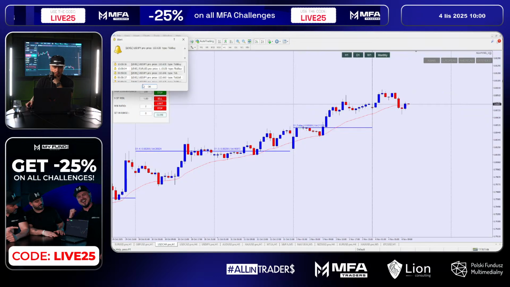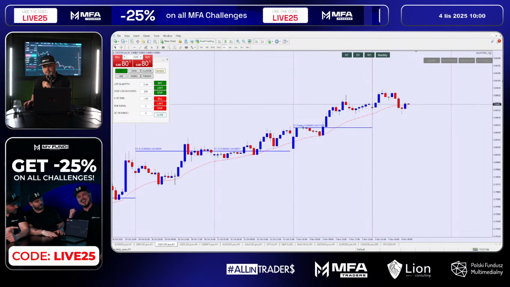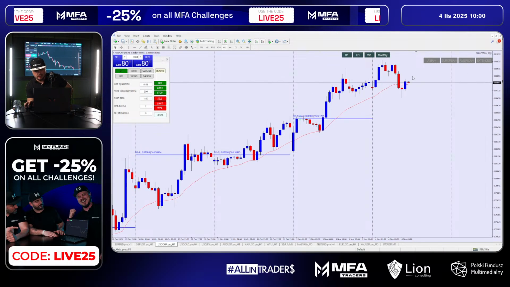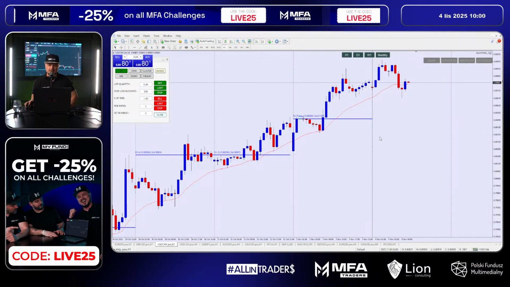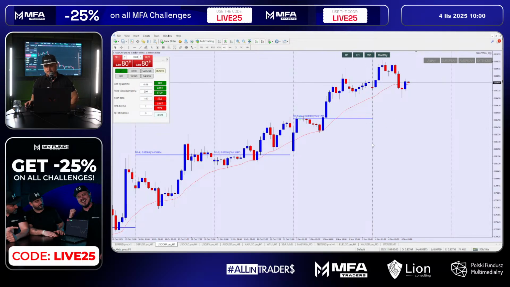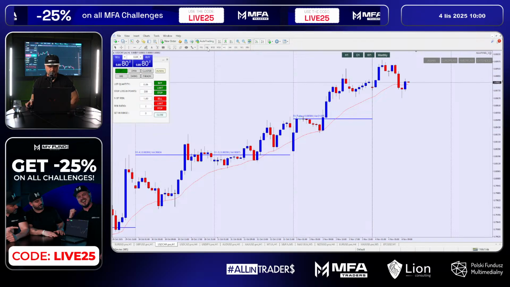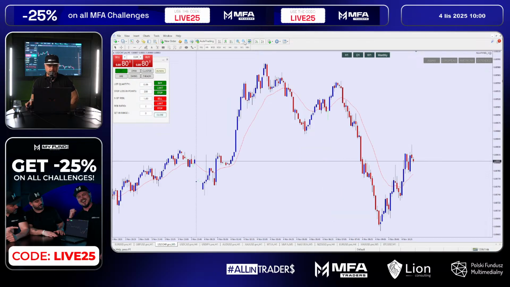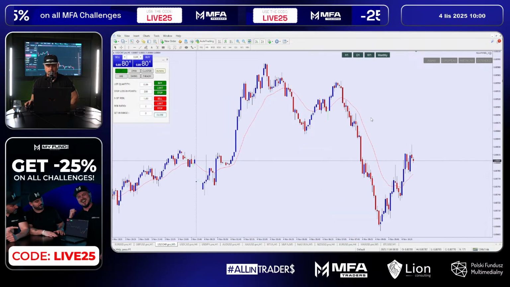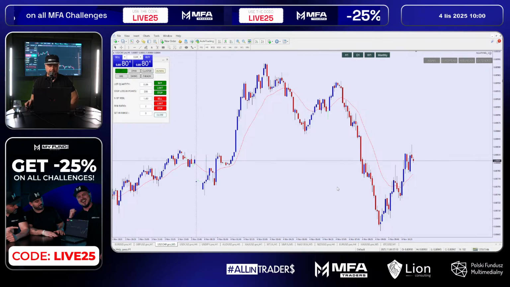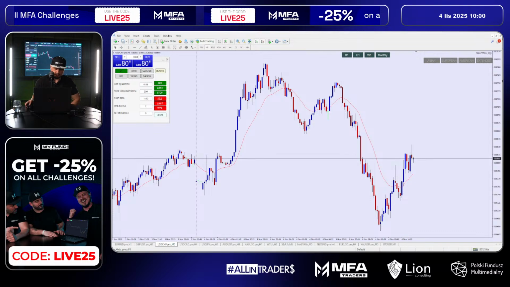Not this one. USD CHF. It's not the best candle. It's not the signal candle. We're gonna have to wait a little bit. Wait a little bit for this one.